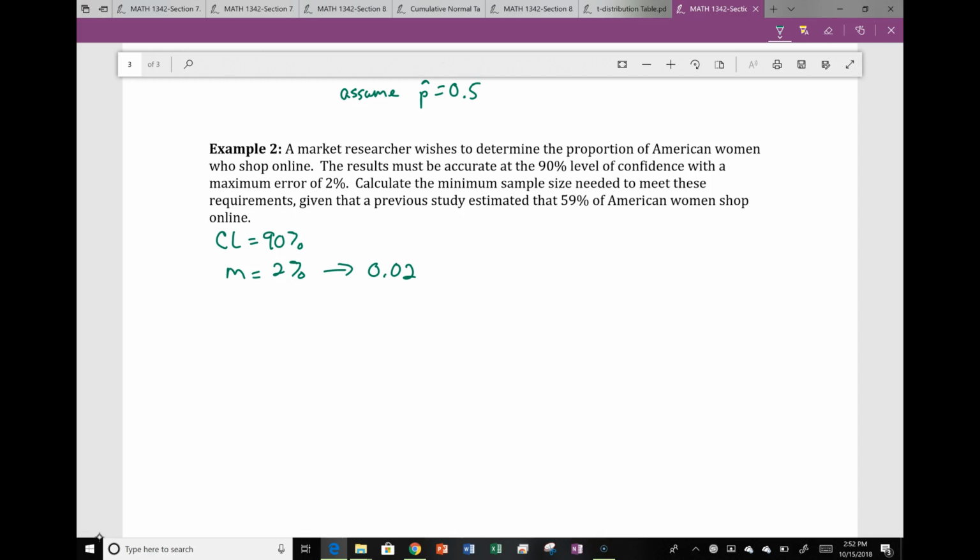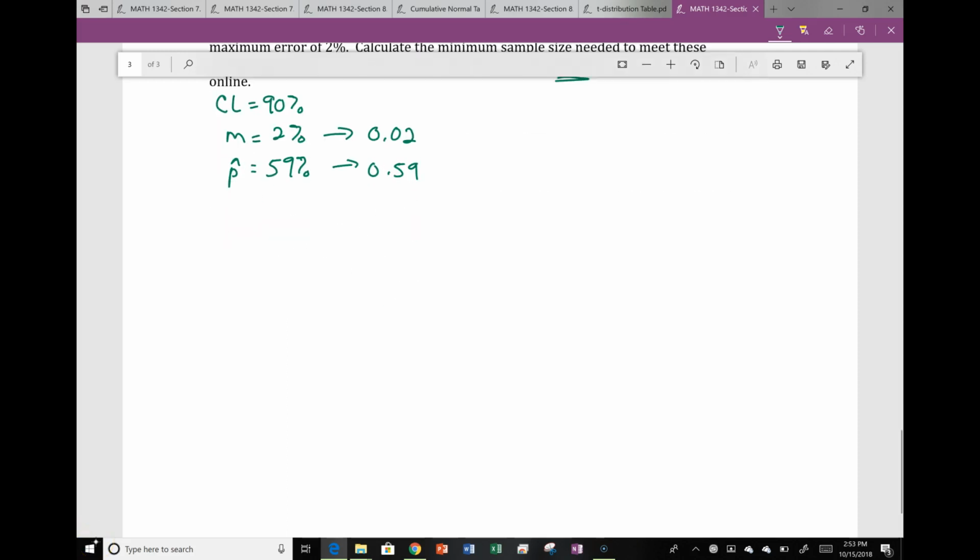Given that a previous study estimated that 59% of American women shop online, this is my p-hat. P-hat is 59%, which changes into 0.59. So as we do this, again, I'm looking for that sample size.